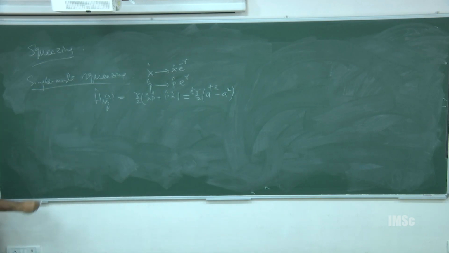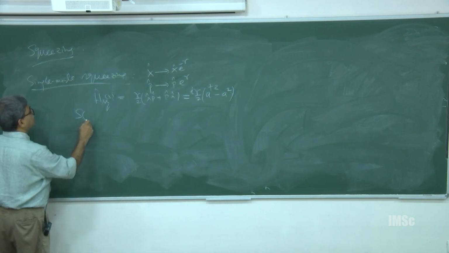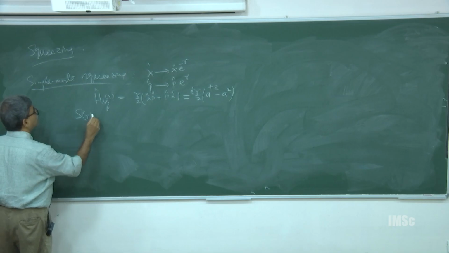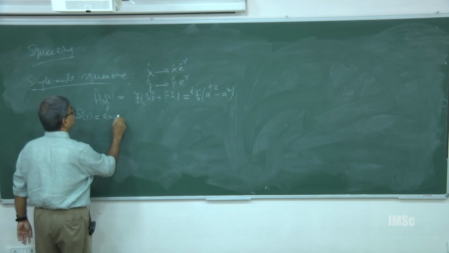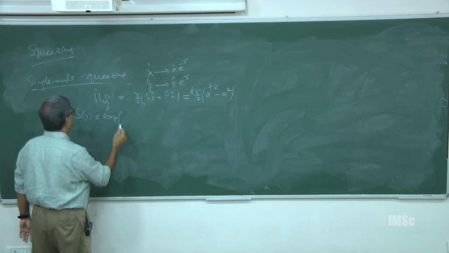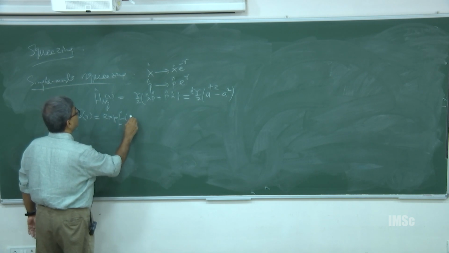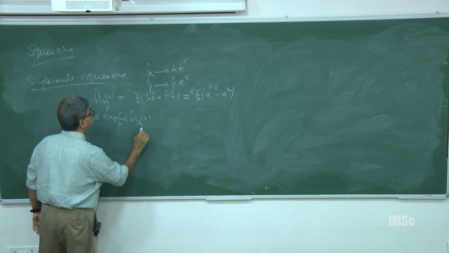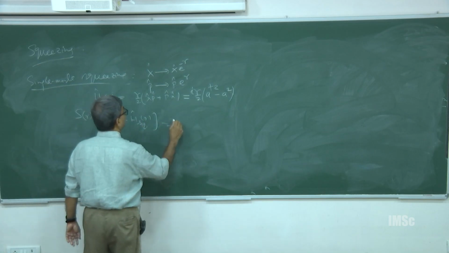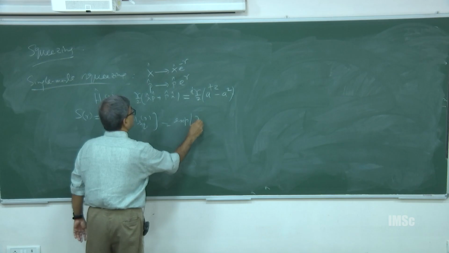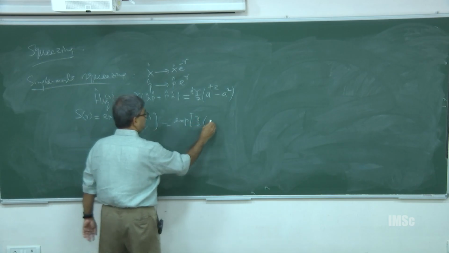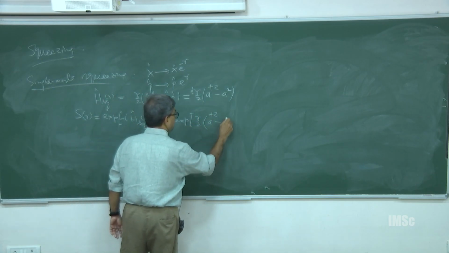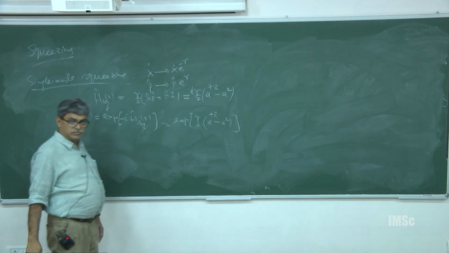So the unitary S(r) is exponential of minus i H_SQ(r), which is exponential of r by 2 (a dagger square minus a square), right?